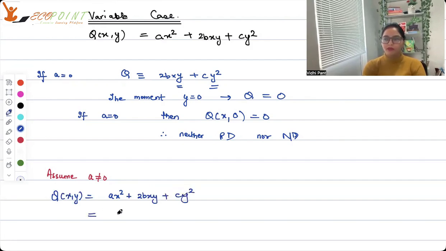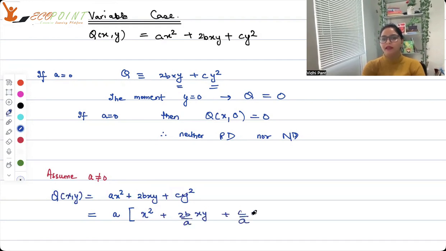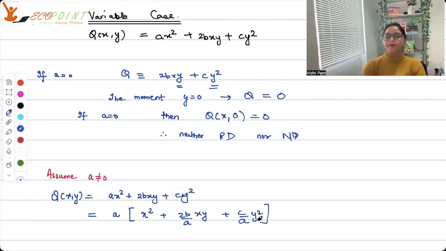What I'm going to do is I'm going to take a common. So it becomes a times x square plus 2b by a xy plus c by a y square.